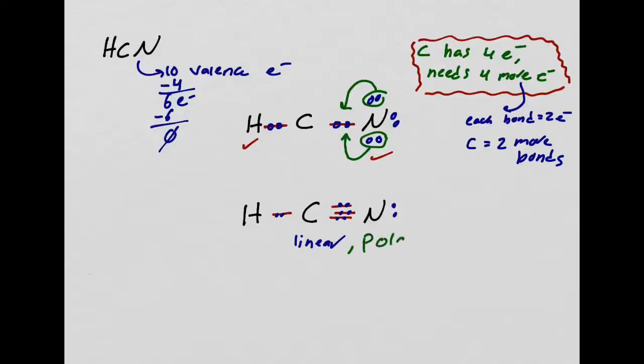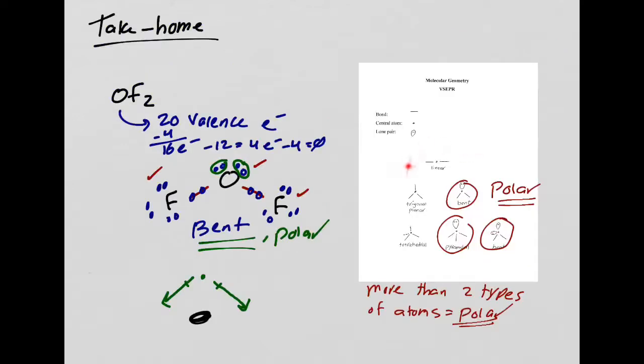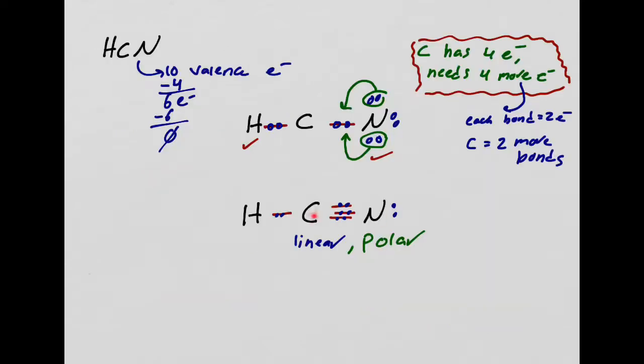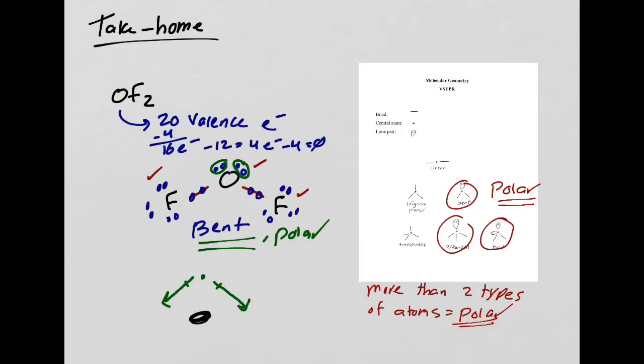It will always be polar. Now, if it was N here and N here, then it would be linear and non-polar, because linear is a non-polar geometry. But in this case, I have 3 types of atoms. That always gets priority, and it's going to be polar no matter what, because 3 atoms cannot cancel each other out. Alright, so far so good.